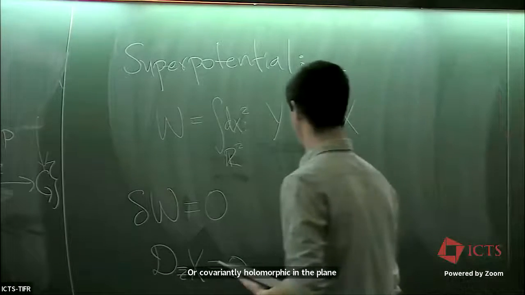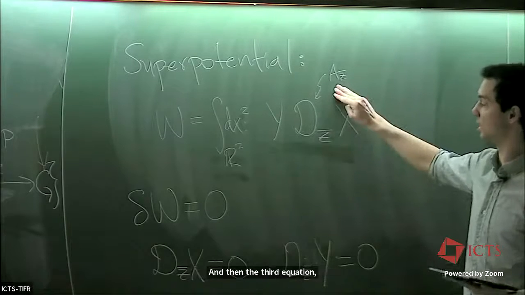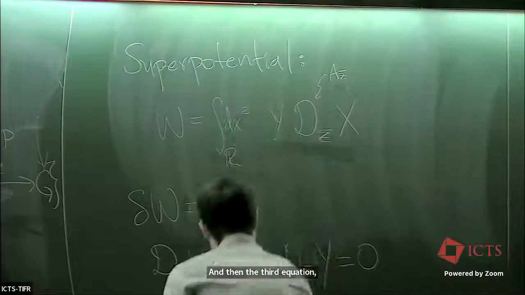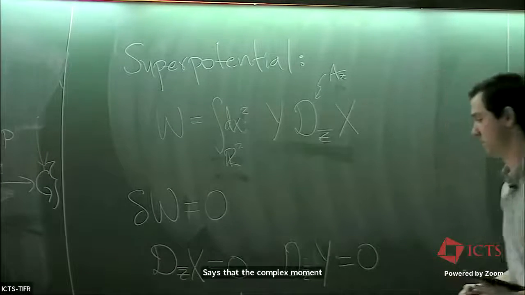And then the third equation we get by varying with respect to A_z bar says that the complex moment map is going to vanish.